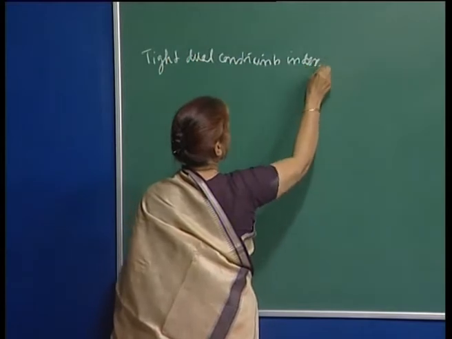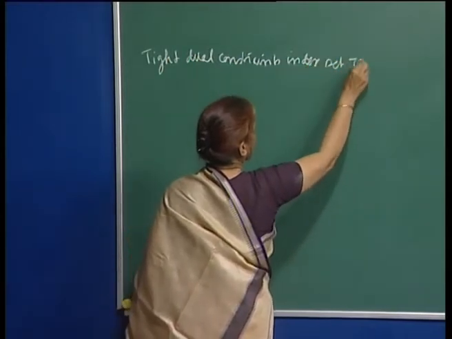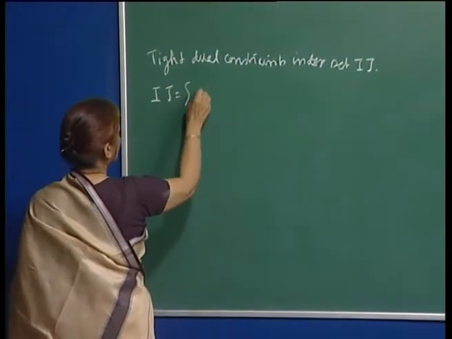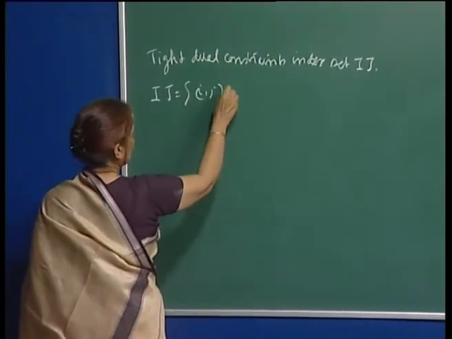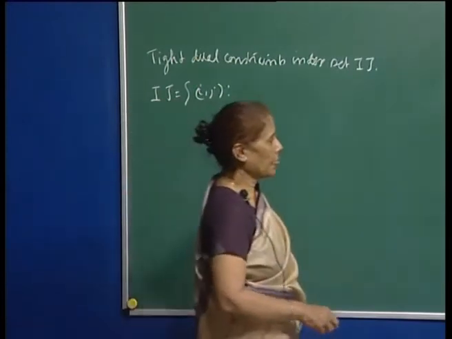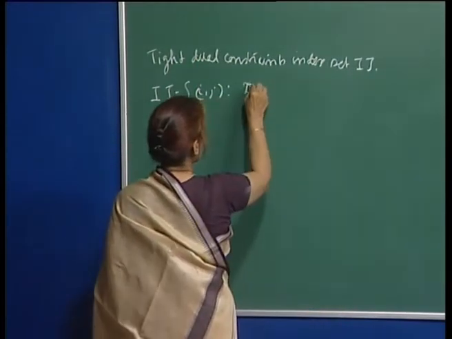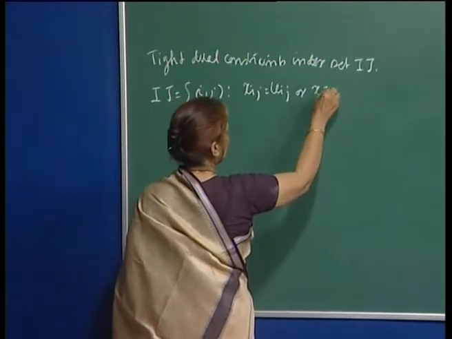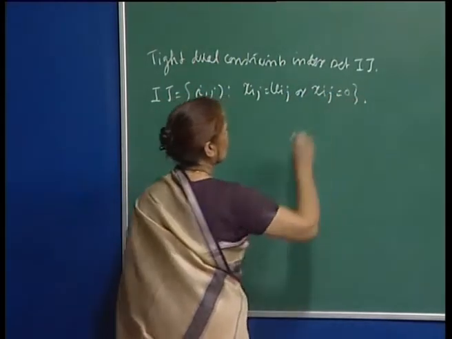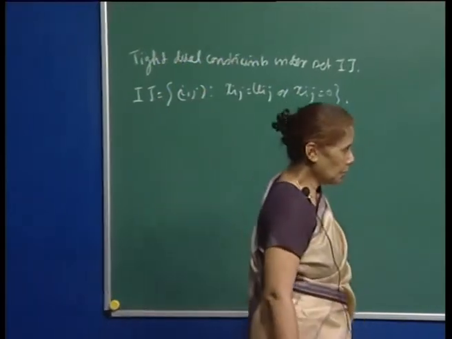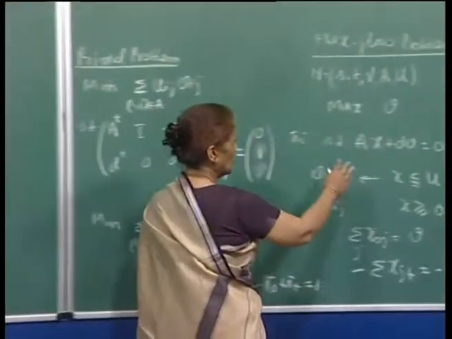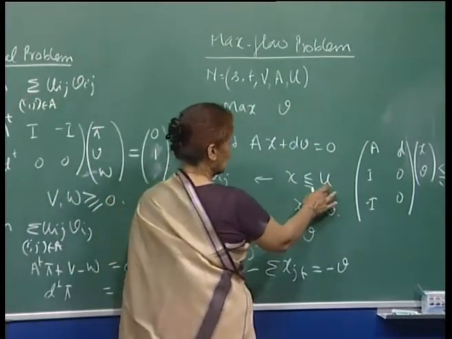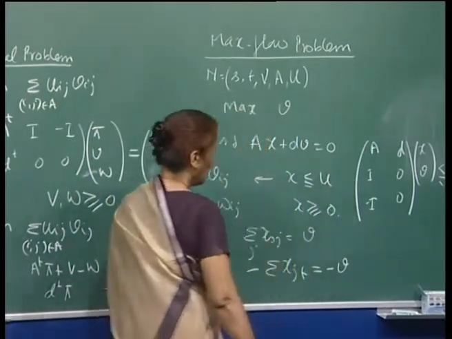So Ij will be all arcs ij for which either xij is uij or xij is 0. Okay. So these are the only possible ones, because the other set of constraints are all equality constraints. This was, remember, flow conservation equations. So either xij is uij or xij is 0, right.